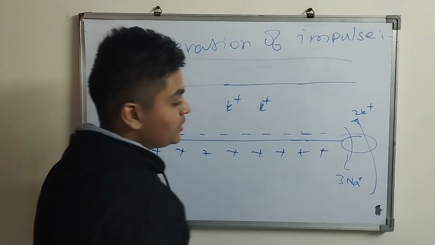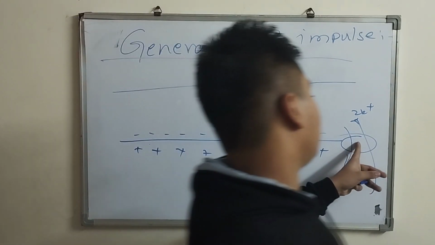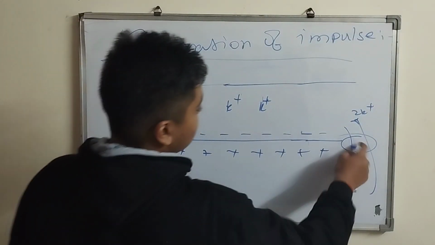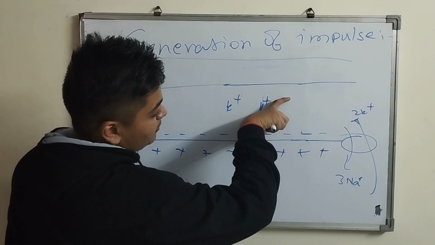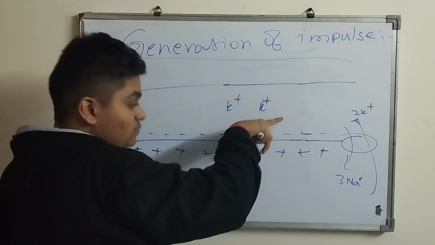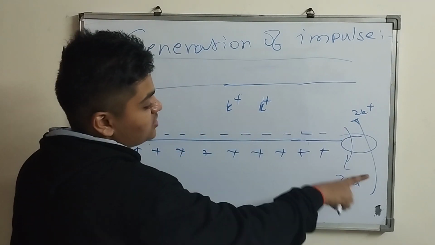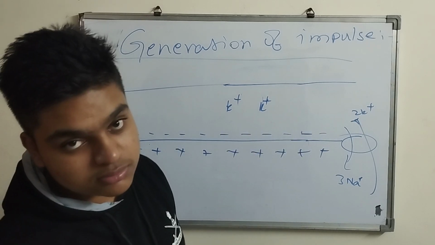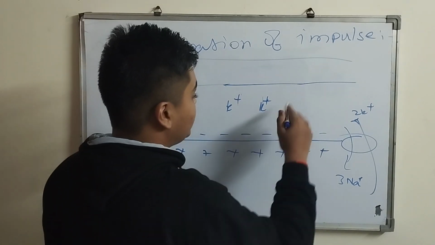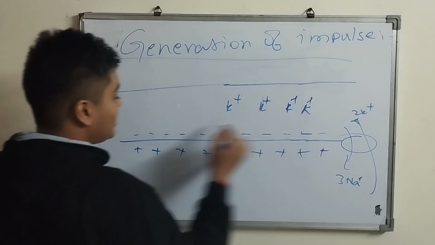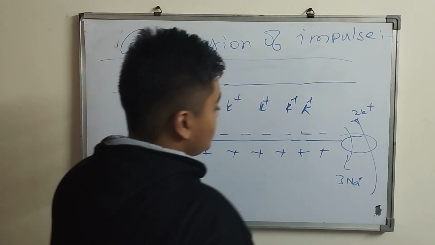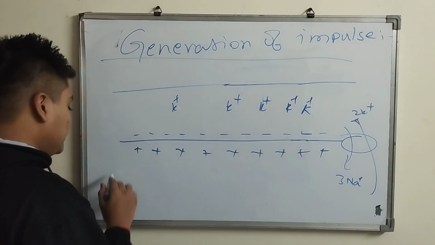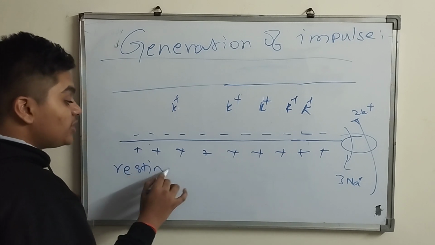It pumps 3 Na plus from the axoplasm to the outside, and 2 K plus into the axoplasm. This maintains the gradient that K plus concentration is more inside and Na plus concentration is more outside, and this is called the polarized state or resting phase.